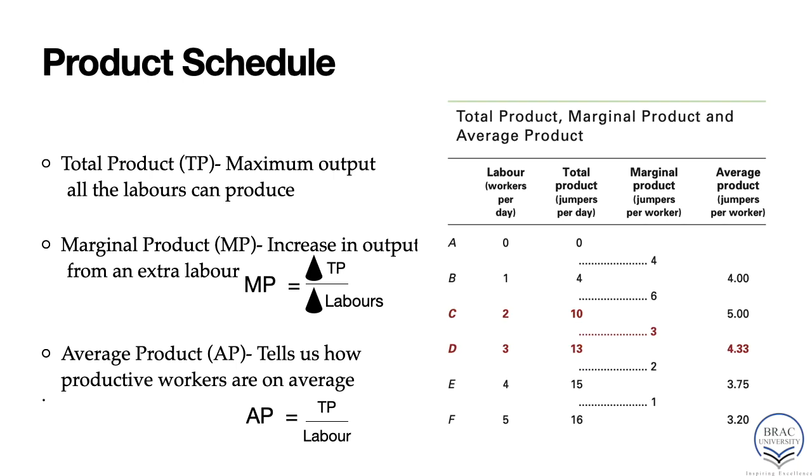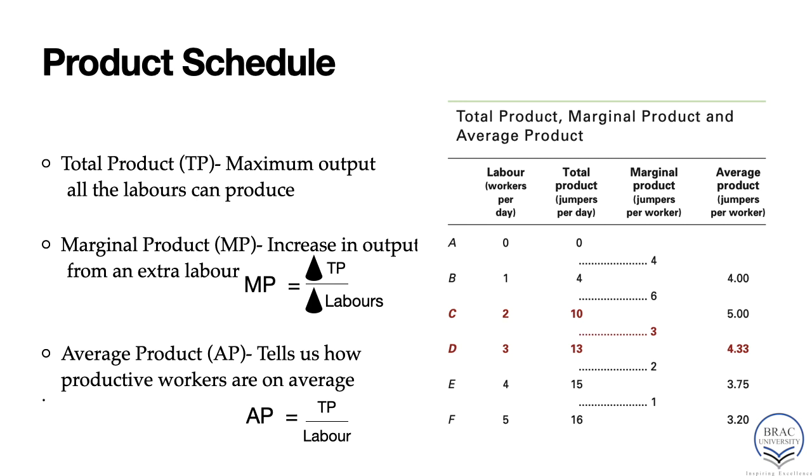But wait, today we learn about marginal product, and this will teach you something new. You see, the marginal product tells us how much total product increases when employment or labor increases by 1 unit. So basically, that is how many jumpers one additional laborer can produce.